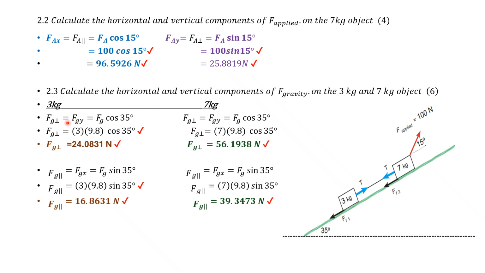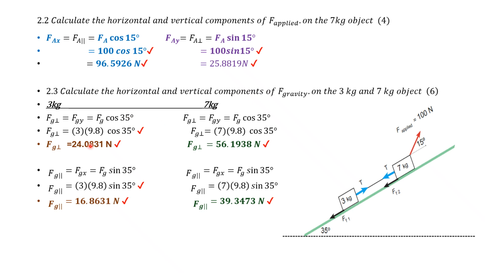So the FG Y becomes FG cos 35. And FG X here at the bottom for parallel becomes sine 35, and it's no more cos. Take note there, I used the 15 degrees on the top, but for gravity, I have to use the 35 degrees given at the bottom. So don't get your angles mixed up.